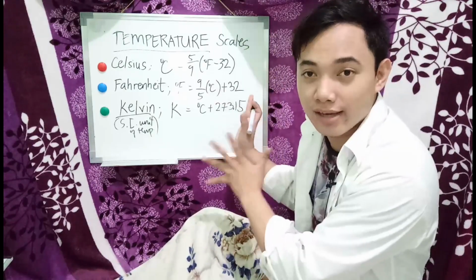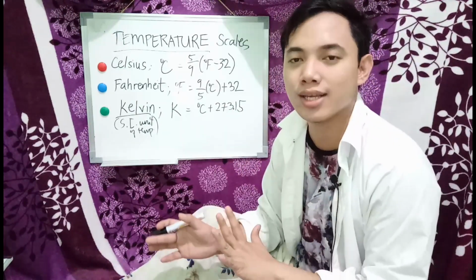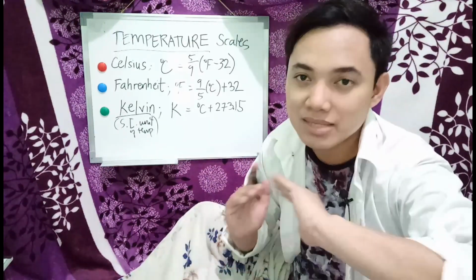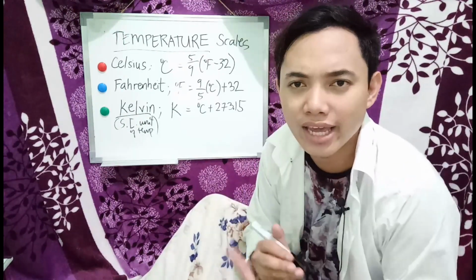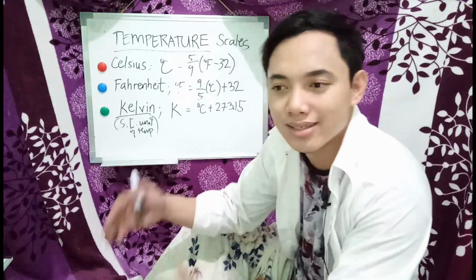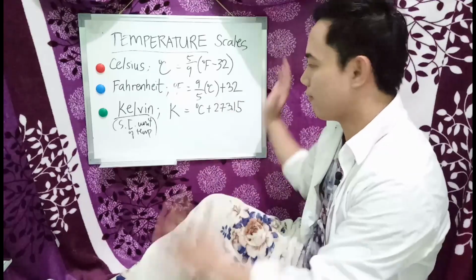Hindi ko na i-go through, pero nagiging 32 yan. So here, tinuturuan ko kayo kung paano mas mabilis yung pagre-retain sa isip niyo, kung bakit 9 over 5, bakit 5 over 9, minus 32, plus 32. Actually, may conversion pa yan before we came up with this formula.